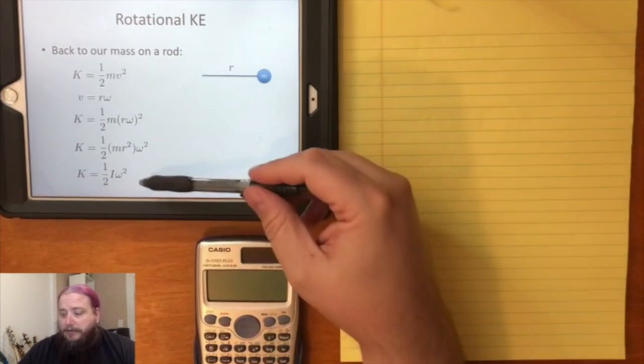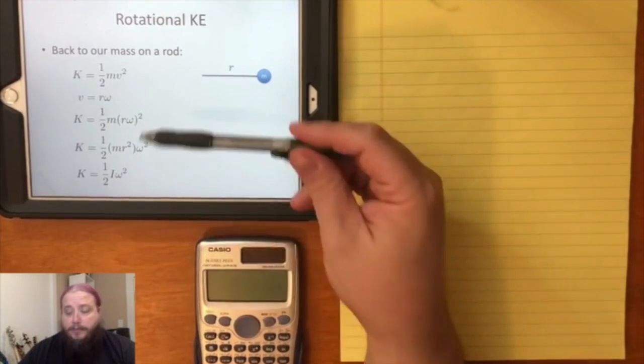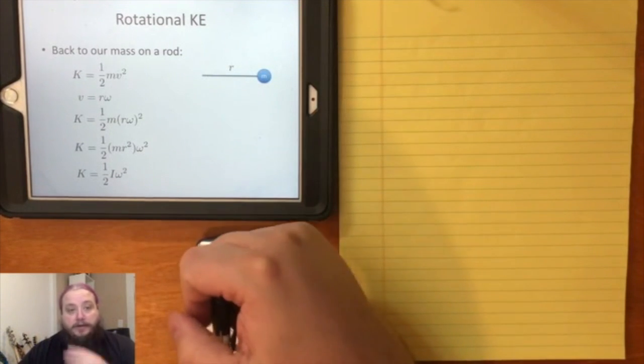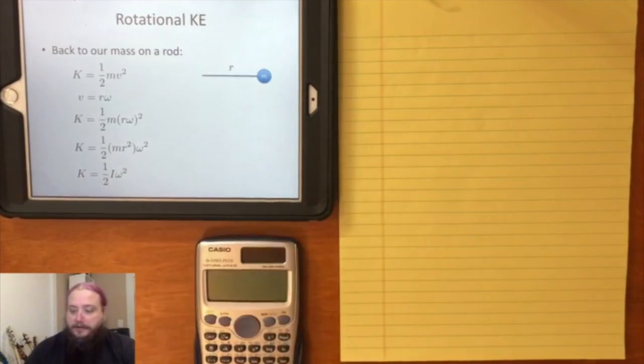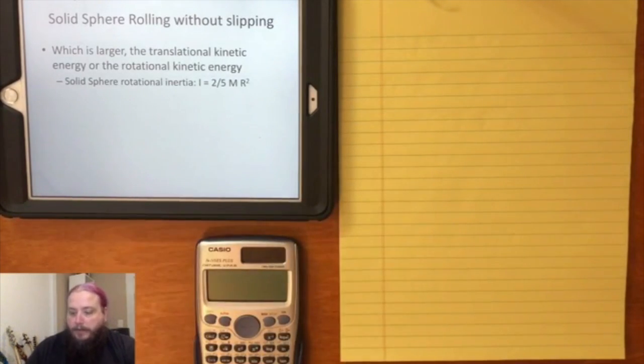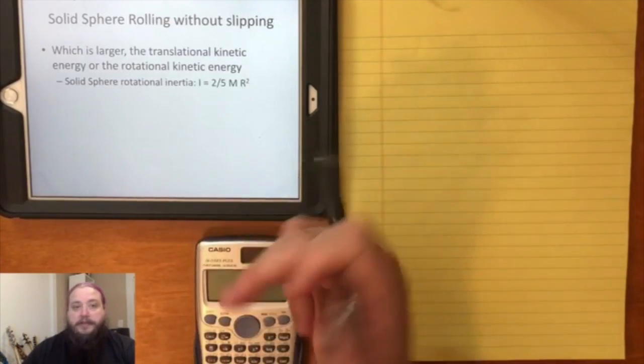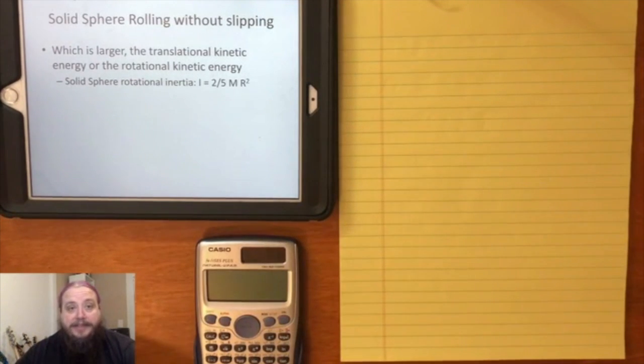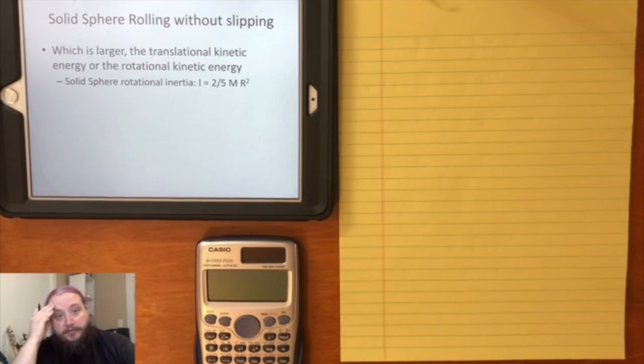We again have recovered something that has the same form as its linear counterpart, but uses angular quantities instead of the linear quantities. And so we could do things like compare the translational kinetic energy of a rolling sphere to its rotational kinetic energy.